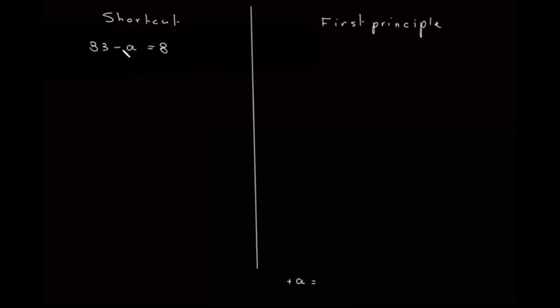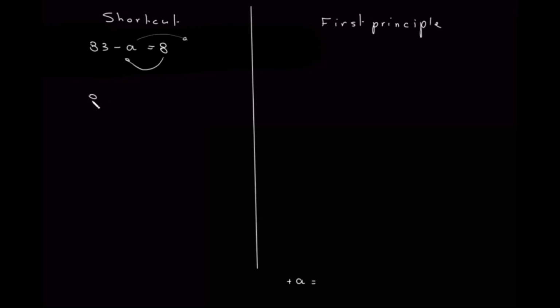This is subtract. If we take it over the other side, shortcut method, and do the reverse of the sign, it will work. So we need to move the a over to that side and change the sign, move the 8 over to that side and change the sign.